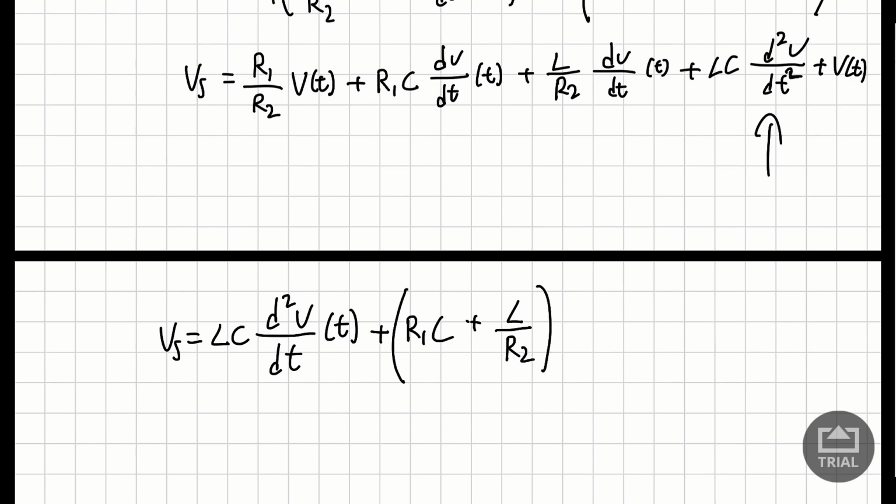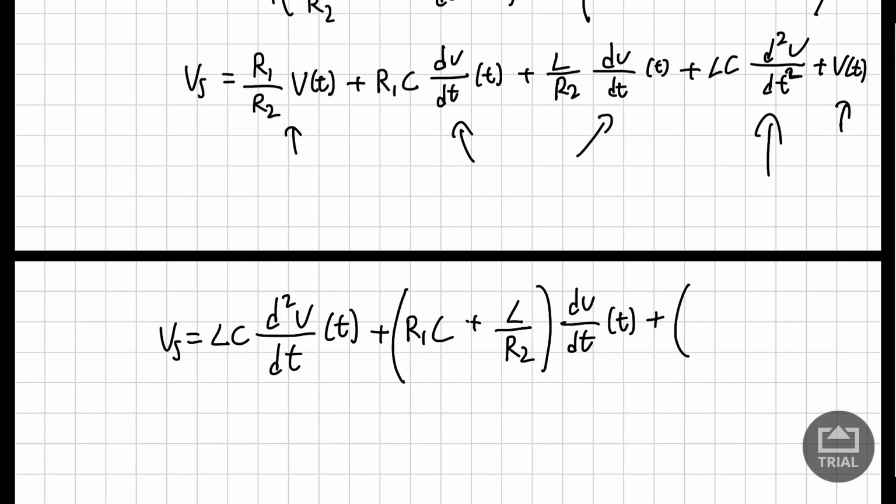These two have a common factor, which is dV over dt, so we can take that out: dV over dt, plus our final bit, which is just these two.